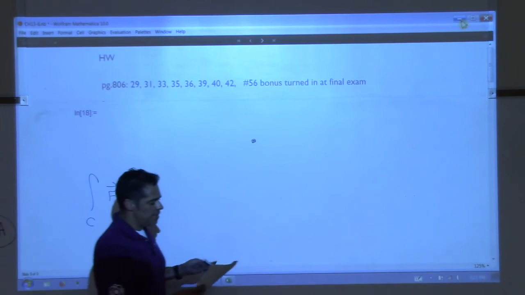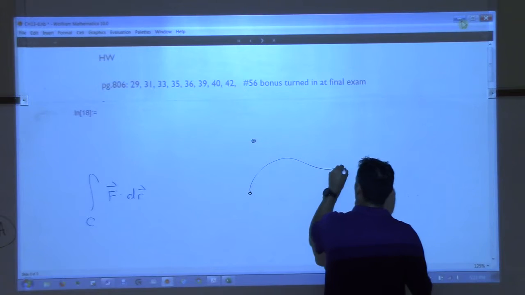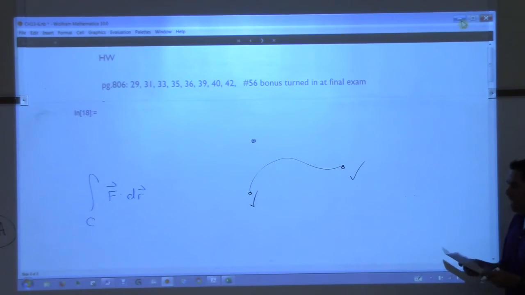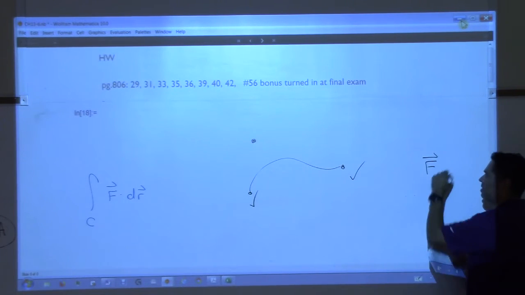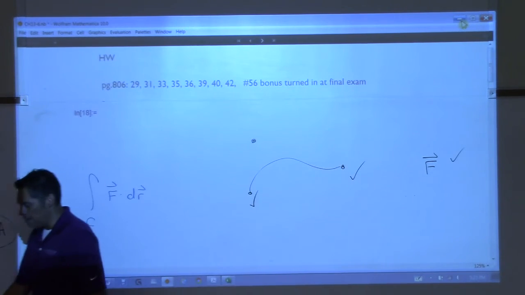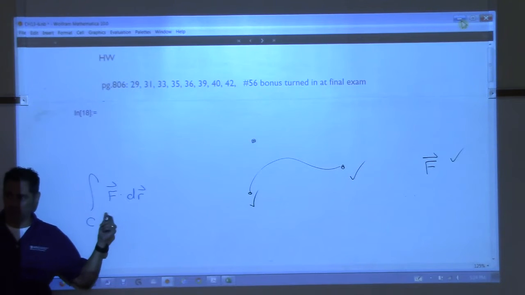I told them that the curve they needed to integrate over went from a point to a point. I gave them this point, I gave them this point, and all I gave them was the field. So the endpoints of the curve were given, and I asked them to evaluate this.